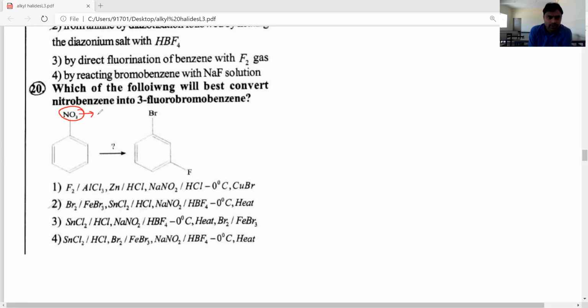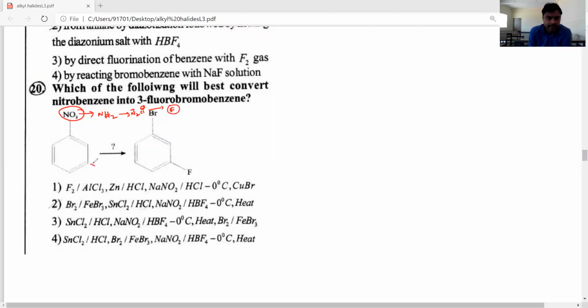How can we convert NO2 into fluorine? First we have to convert it into NH2, then into N2 plus Cl minus, then we have to convert it into fluorine.